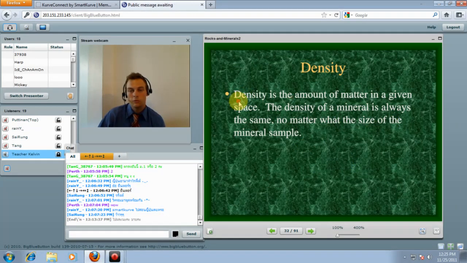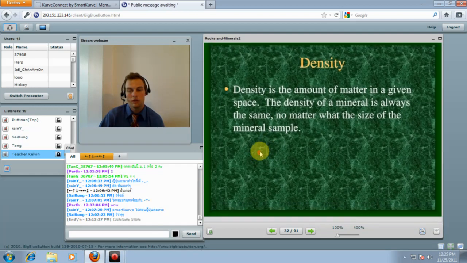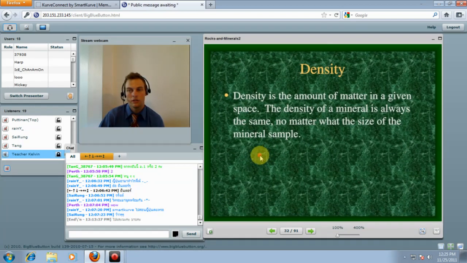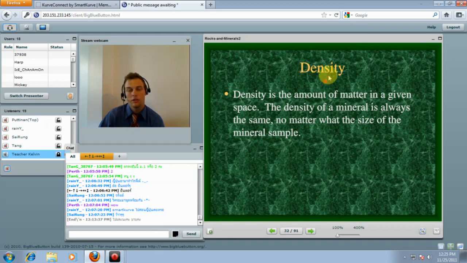Okay, so we could do an entire lecture on density. It's really, really important. It's the amount of matter in a given space. So if something is more dense, the atoms are more closely packed together. Each atom has weight, and if you have more atoms in a smaller area, it's going to be denser.